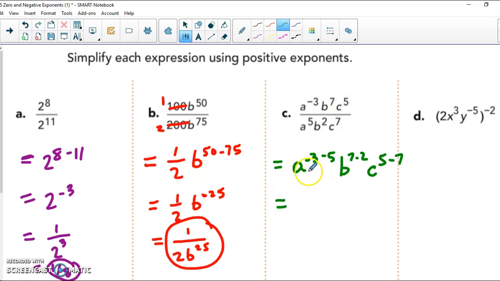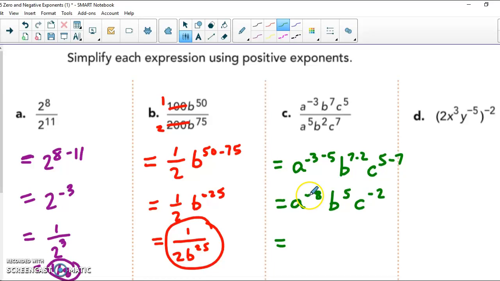Let's simplify. Negative 3 minus 5 would be negative 8, so I have a to the negative 8 power. 7 minus 2 is 5, so I have b to the 5th power. And 5 minus 7 is negative 2, so I have c to the negative 2 power.